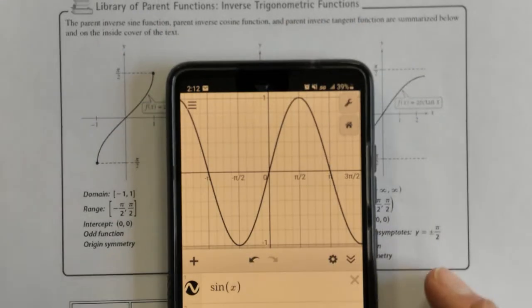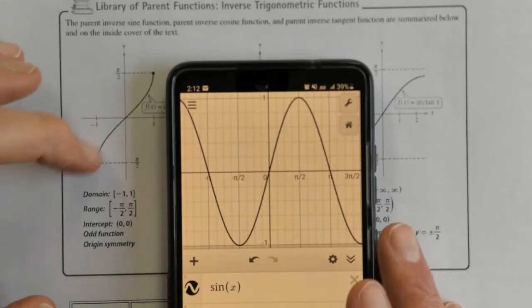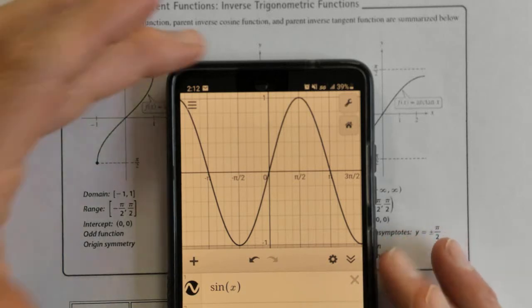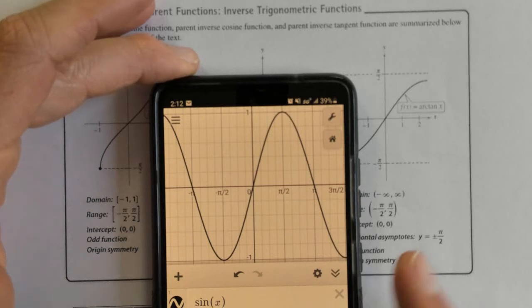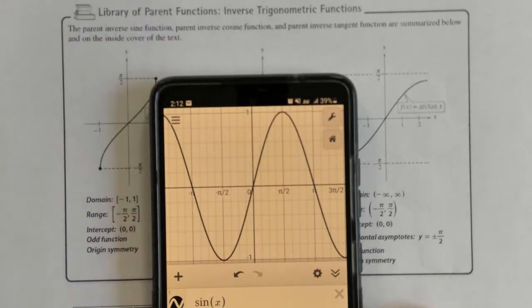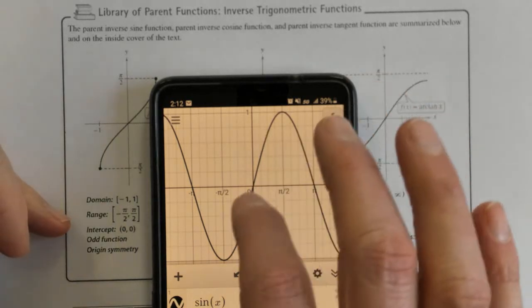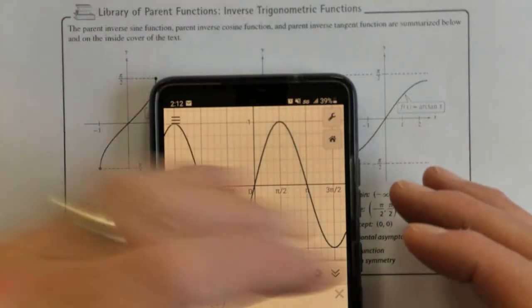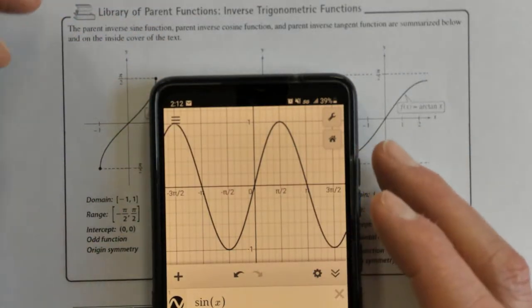The reason why the range is so restrictive is because think about this graph right here. This graph is a function, it passes the vertical line test all the way through, so sine is a function. There are no restrictions on the domain here at all.